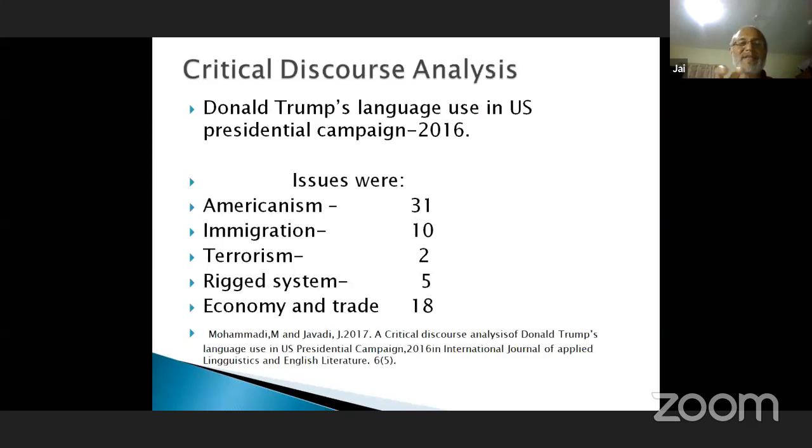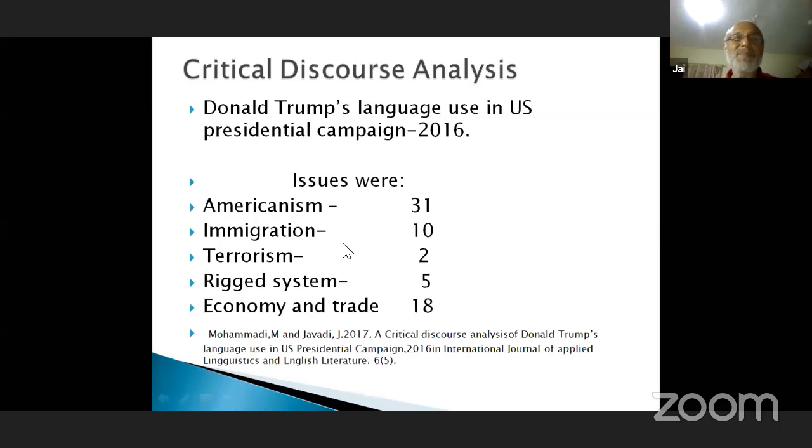So this is a little bit of critical discourse analysis where he talked about Americanism, which in that small space he used 31 times. And immigration, he charged on immigration.